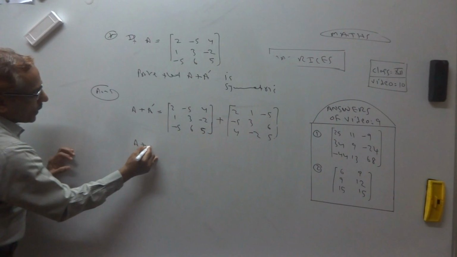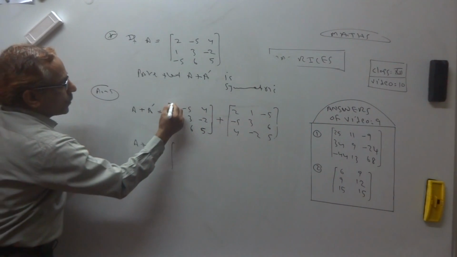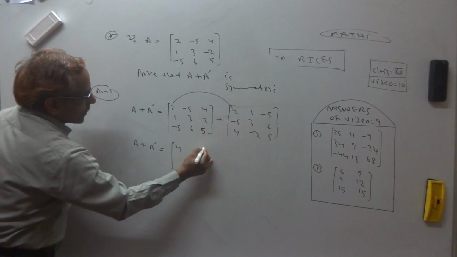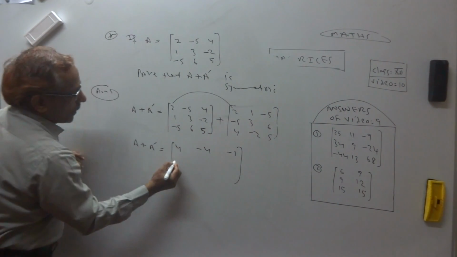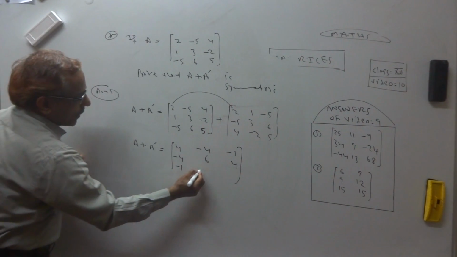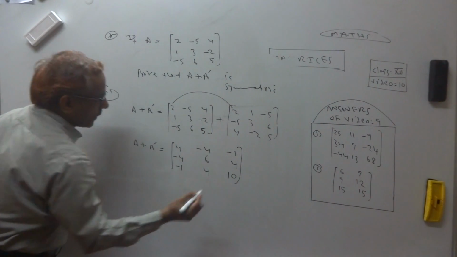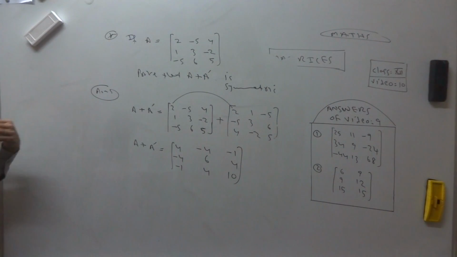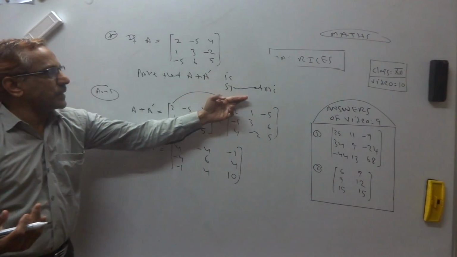So what is A plus A transpose? 2 plus 2, 4, minus 4, minus 1, minus 4, 6, 4, minus 1, 4, 10. This is A plus A dash. I have to prove what? A plus A dash is symmetric.